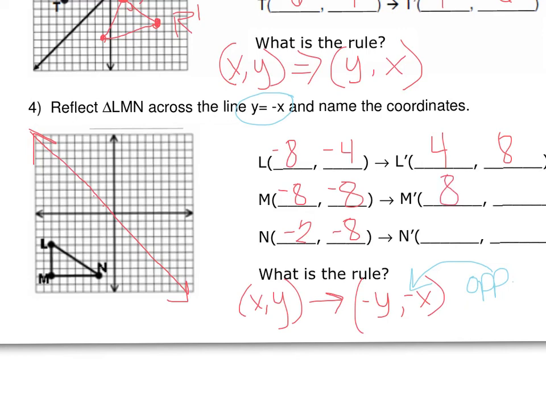The opposite of this x becomes our y. The opposite of this y, again, so the opposite of negative 8 is 8. The opposite of negative 2 is 2. So there are your coordinates for that triangle being reflected across y equals negative x. And there's your triangle L prime, M prime, N prime.